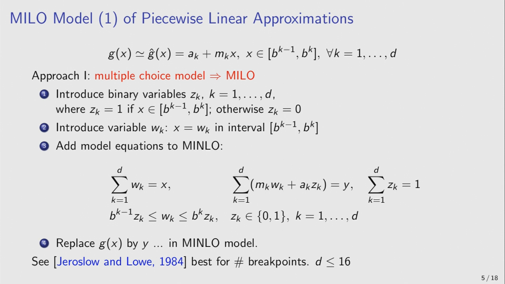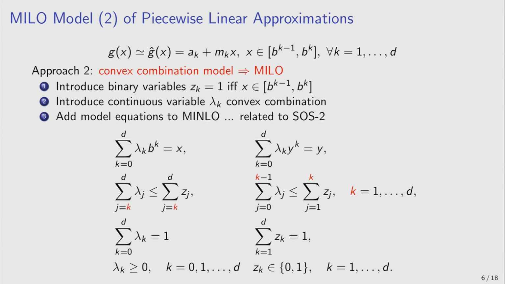There's an alternative formulation, actually two alternative formulations, and this is a convex combination model. So again, I have binary variables zk, which are 1 if and only if I'm in the interval b(k-1) to bk. And now I introduce a variable lambda k, and I'm going to write my x as a linear combination of these breakpoints. So I take all my breakpoints and multiply them by lambda k.